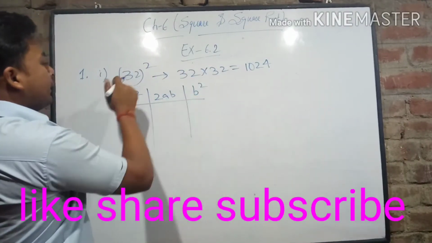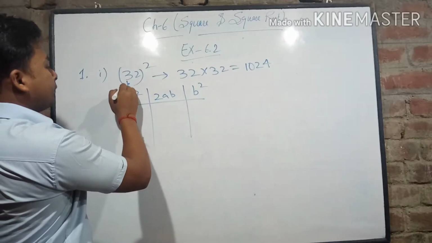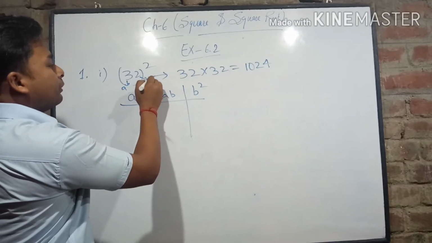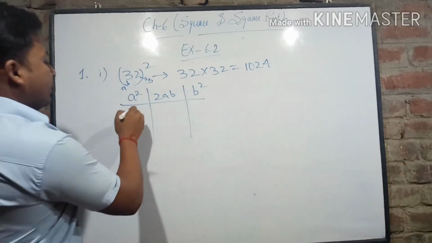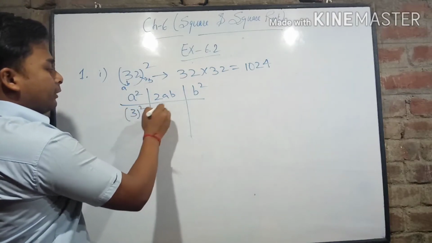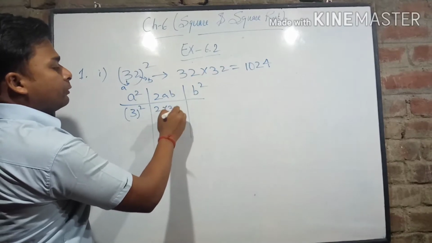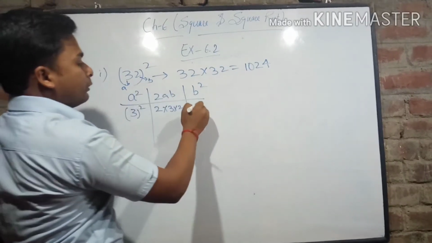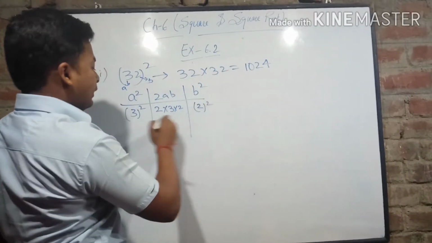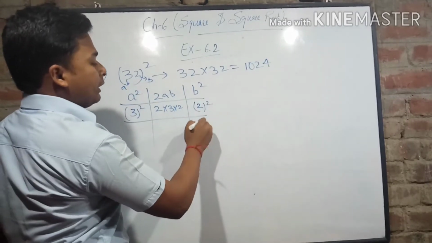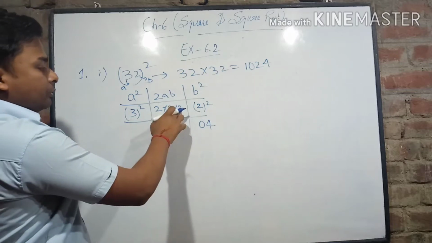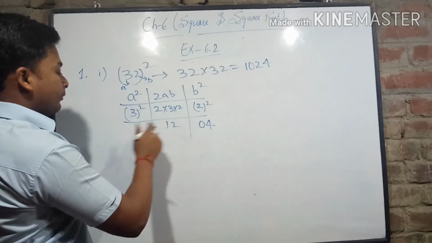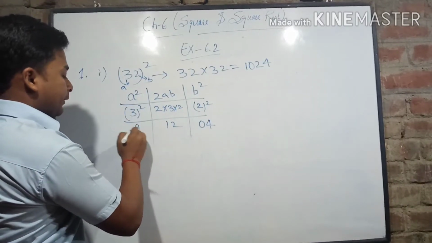So if we take a as 3 and b as 2, now a square can be written as 3 square, 2 into 3 into 2, and b square, 2 square. What is the final result? 2 square is 04. The product of these is 12, and finally it is 9.